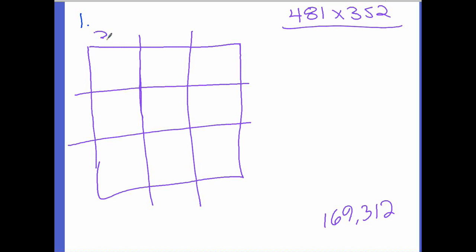We're going to start out with 3 for 352. Then 50. And then 1, 2, and then 4. I can't draw this.